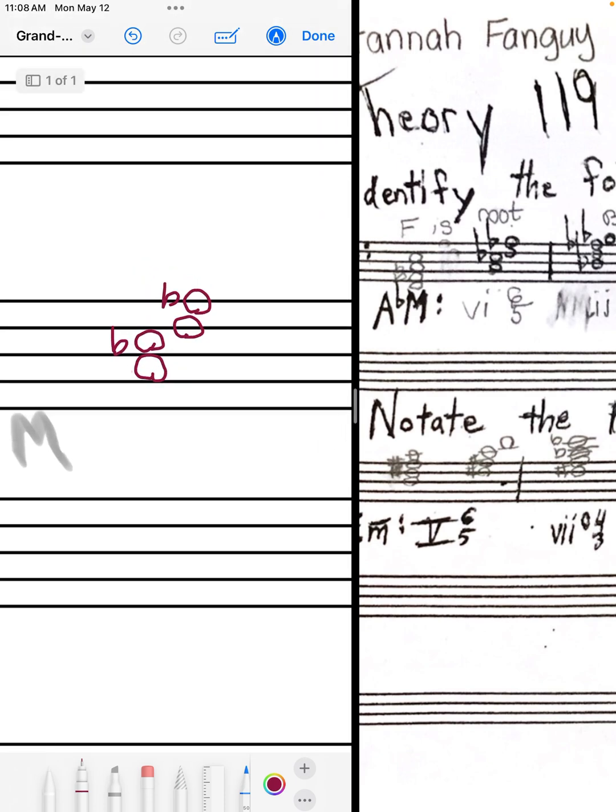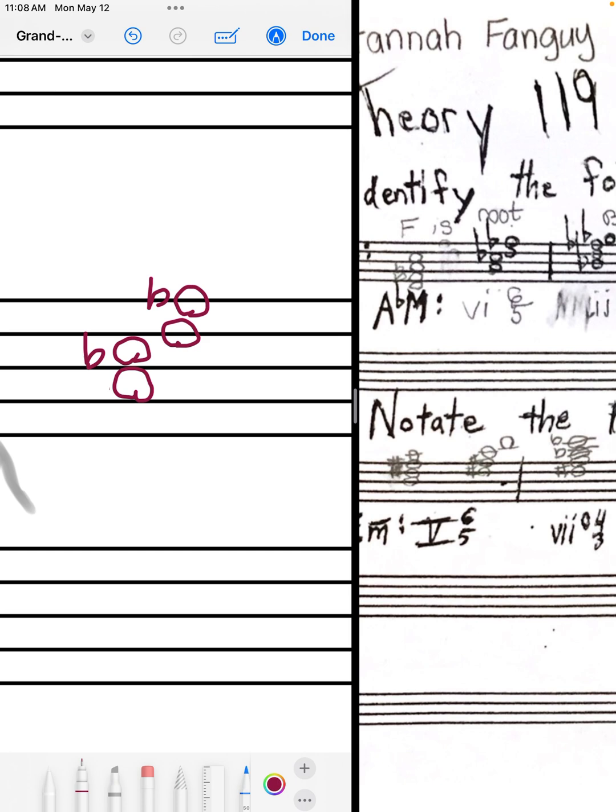Now, I don't agree with F being the root. Here's the reason why. How can F be the root when it should already be D being the first, then F being the root, then the third should be F?